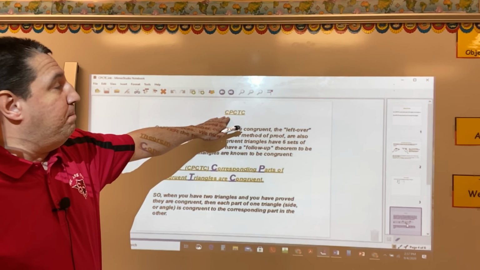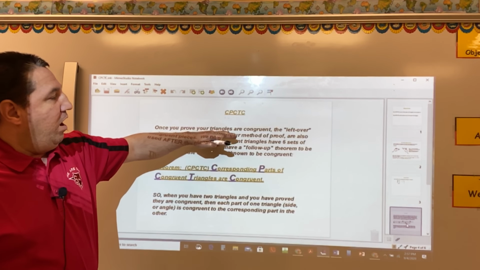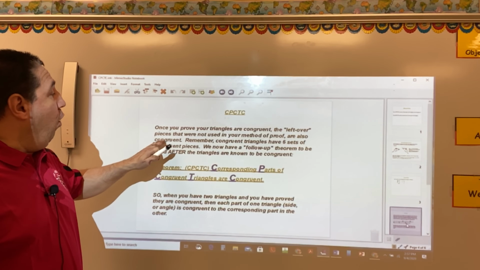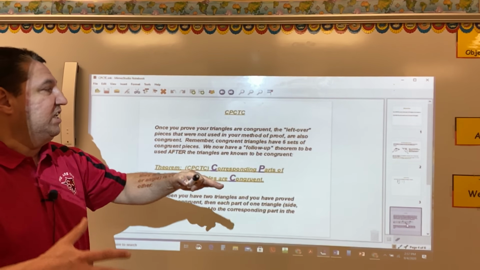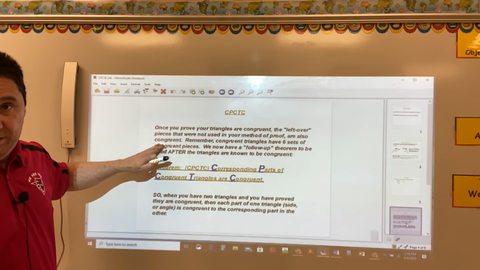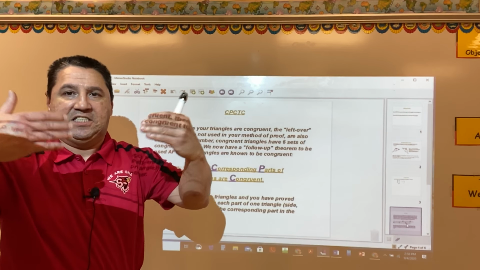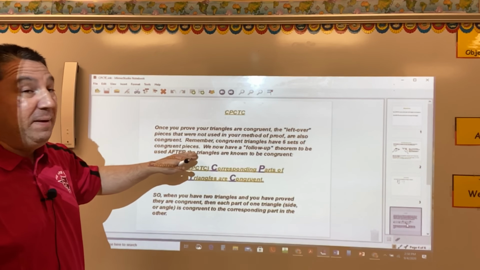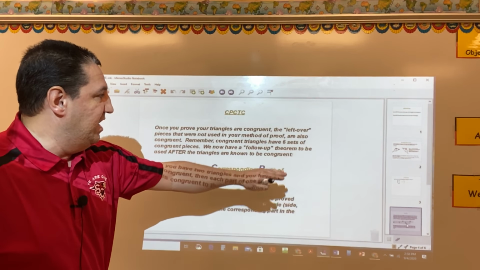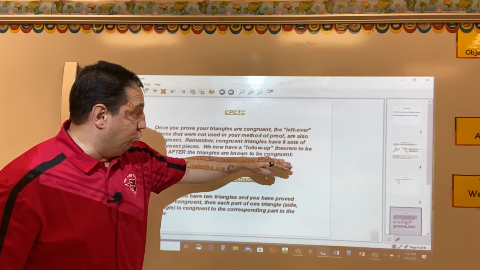What about CPCTC? Once we prove our triangles are congruent, the leftover pieces that were not used in our proof are also congruent. Remember, congruent triangles have 6 sets of congruent pieces. We now have a follow-up theorem to be used after the triangles are known to be congruent.